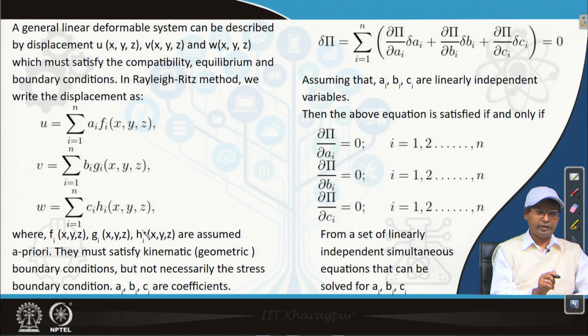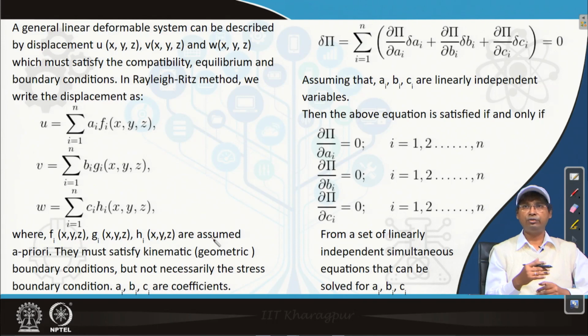In finite element analysis, this is conforming, I should not say exactly, it is conforming or similar probably to the shape functions of an element. So, like that we need to assume this a priori, because we need to know what problem we are going to solve.